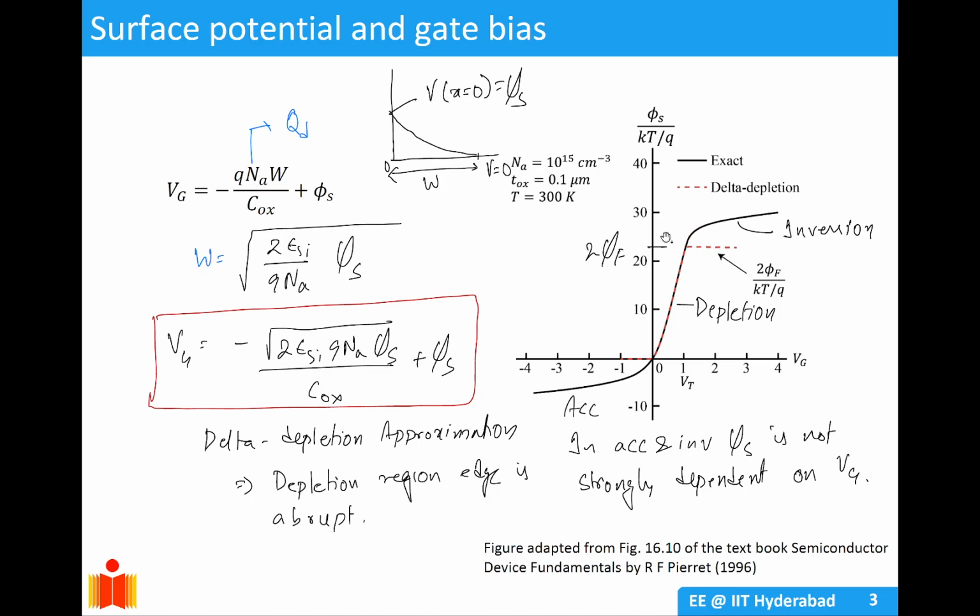After that, it's the inversion region. So you can see only in the depletion region there's a strong dependence between phi s and Vg. In accumulation and inversion, there's not that huge a difference between phi s and Vg.